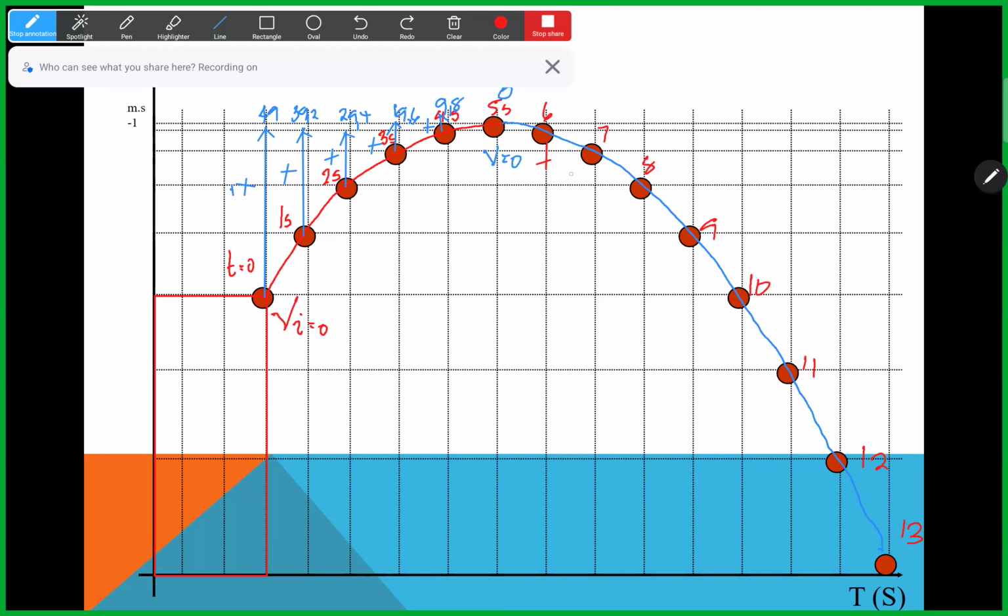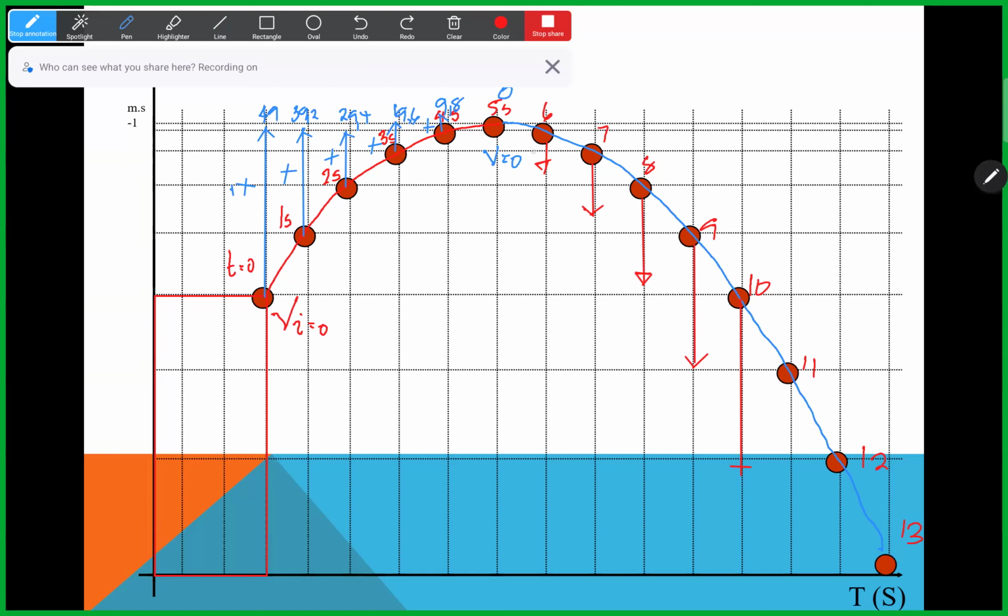9.8, 19.6, 29.4, 39.2, and here, right back at the starting position, it's 49 in the opposite direction.